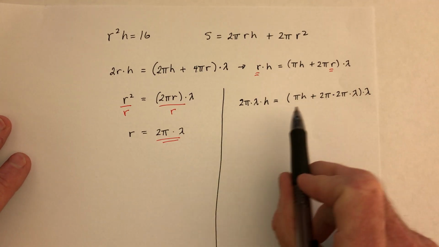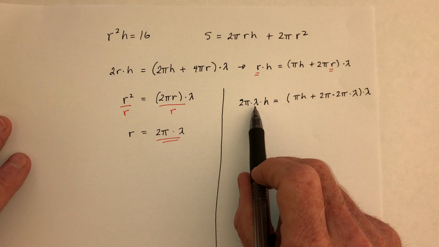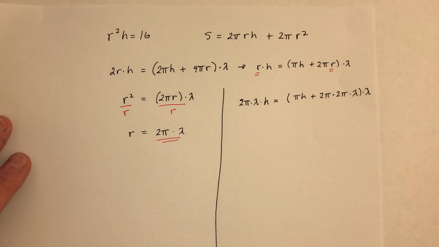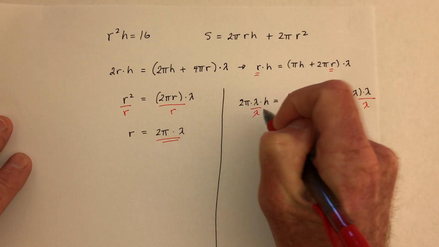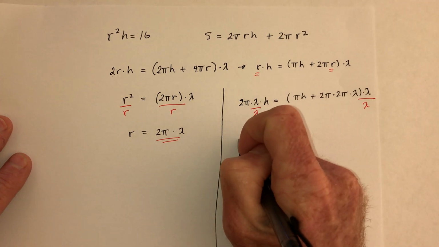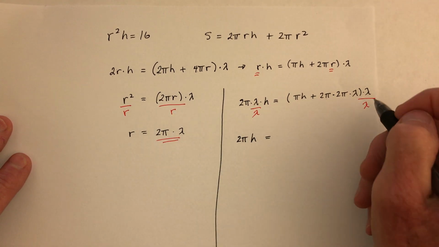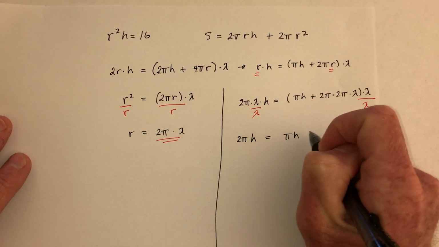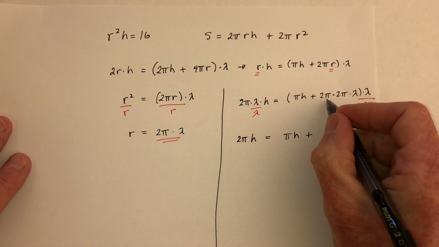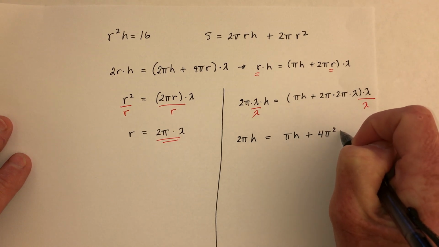And then this side has a lambda, and this side has a lambda. And again, lambda can't equal 0 because otherwise this whole thing would shrink down to nothing. So I could go ahead and divide by lambda. So I can cancel this lambda and cancel this lambda. So this side has 2 pi h equals, now there's no more lambda, so now I don't need parentheses. So it's got pi h plus 2 pi times another 2 pi is 4 pi squared lambda.